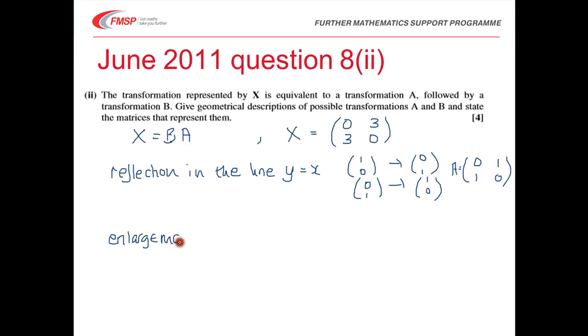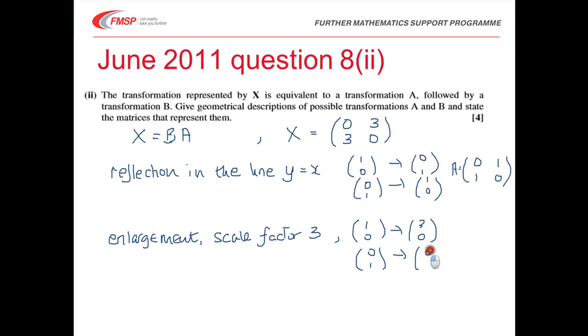So there was an enlargement, scale factor 3, and if you can't write down the matrix immediately, then just remember that (1, 0) was mapped onto (3, 0), and (0, 1) would be mapped on an enlargement to (0, 3), and so the matrix, which in this case we'll call B, will be (3, 0; 0, 3). And you can check that those two matrices would in fact multiply together to give X.